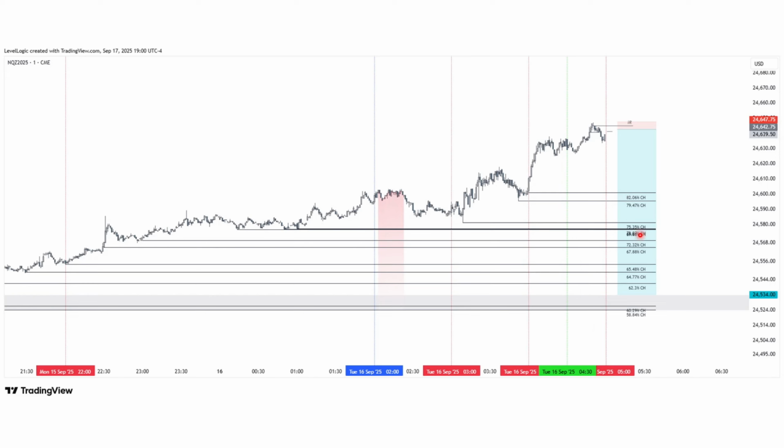CH means current hour. So what this means is that these lows from this current hour, let's take this one for example, there's an 82% chance that from the current hour, this level gets taken out by the end of the trading day. These automatically adjust with some time decay.